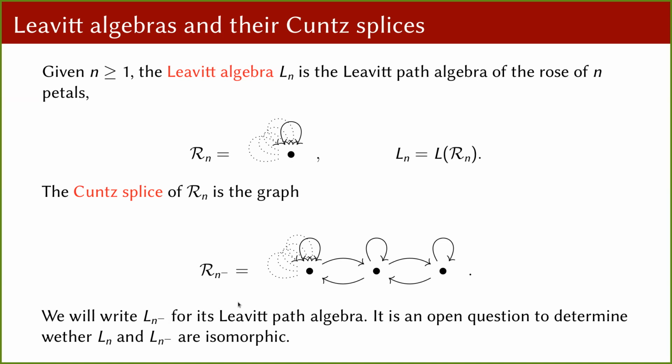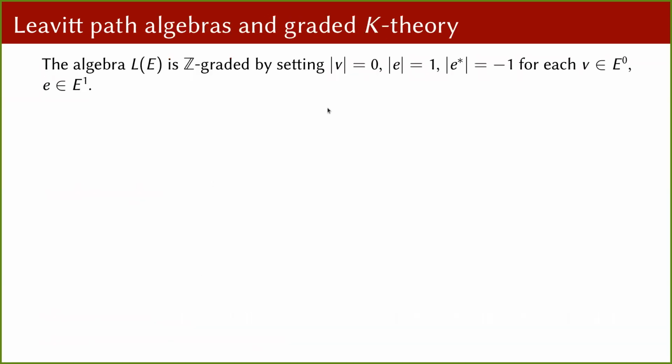Okay, but to formulate a precise meaning of that, I shall say what the grading of these algebras is. In general, the Leavitt path algebra of a graph is graded over the integers. The idea is we give a grading on the generators and then check that it is compatible with the relations, the Cuntz-Krieger relations.